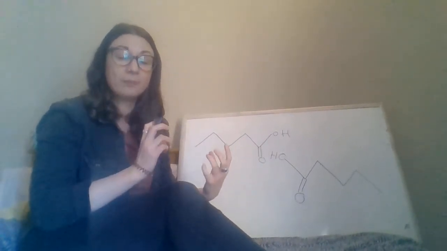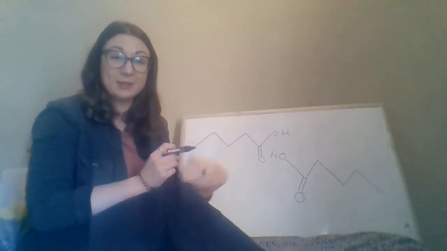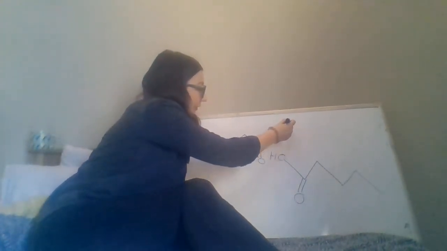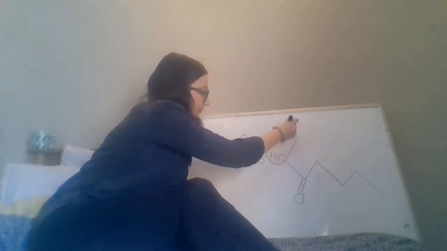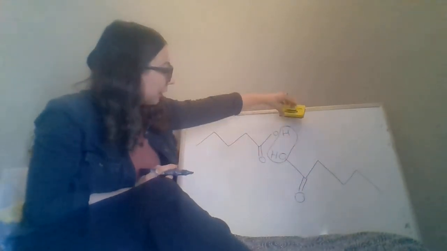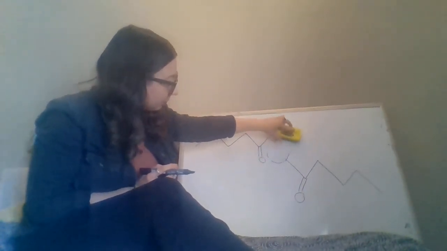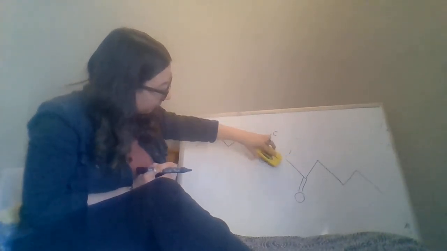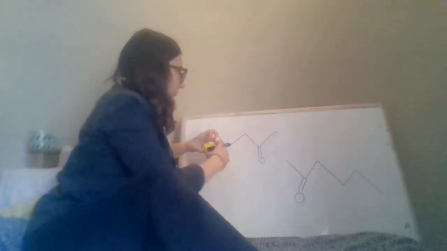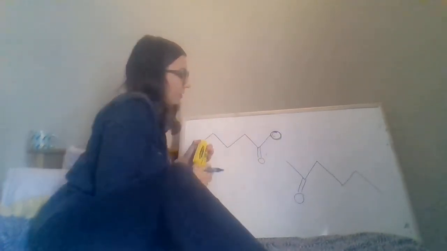That's called an addition. In the process, they're going to lose a water molecule. That's the elimination. So, for example, these atoms are going to come away as water. Sorry, oxygen.